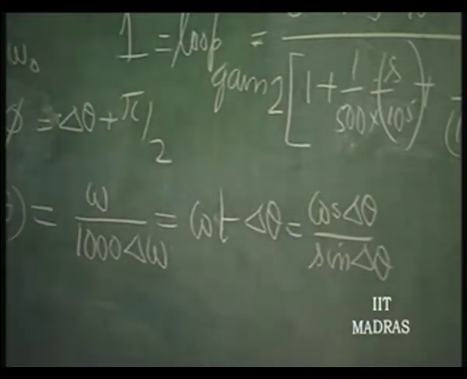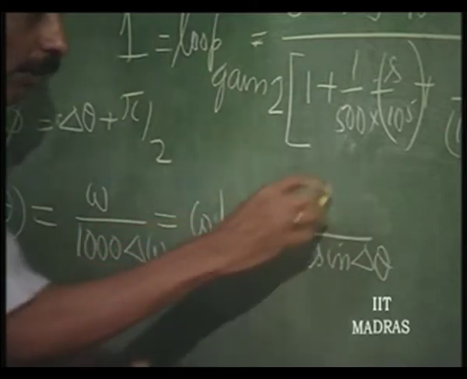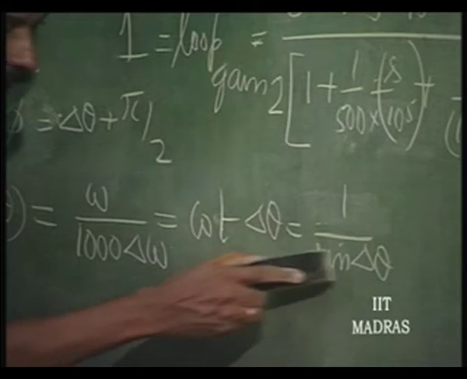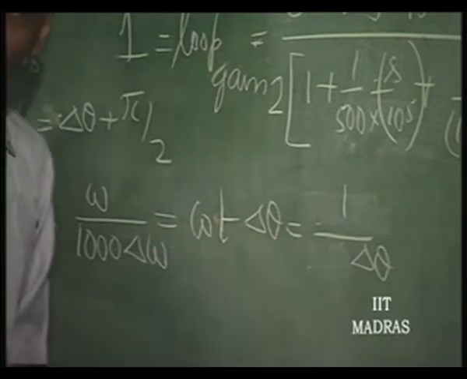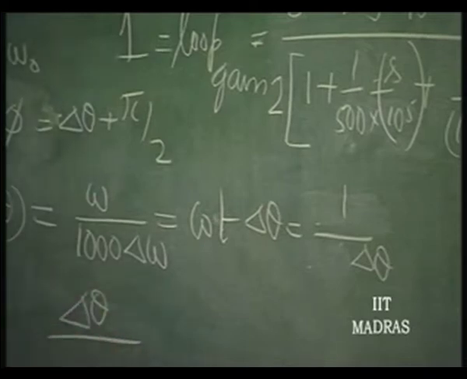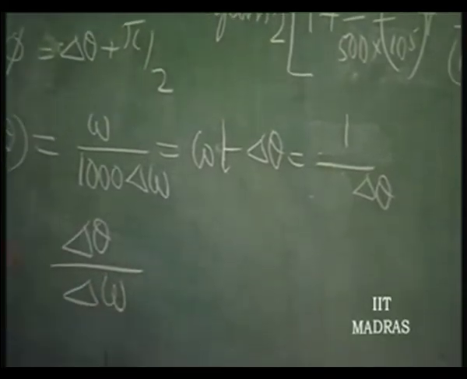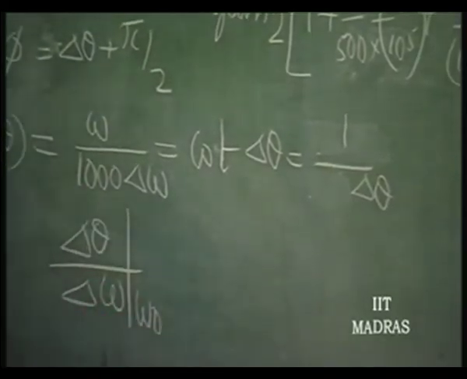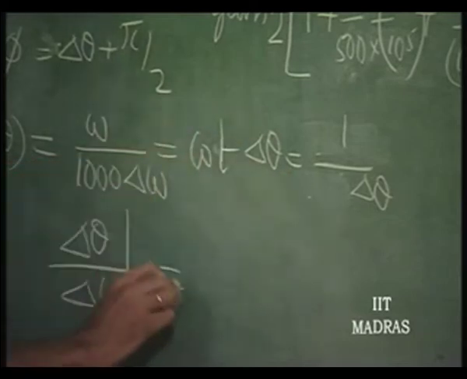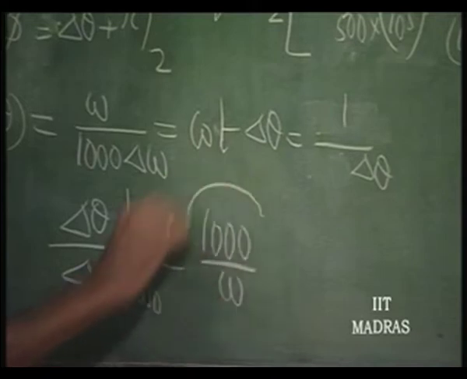Delta theta is very small, and therefore, cos delta theta is 1 and sin delta theta is delta theta itself. So, from this expression you get delta theta, the change in phase for a change in frequency around omega naught, this is important, equals 1000 divided by omega. This is important.